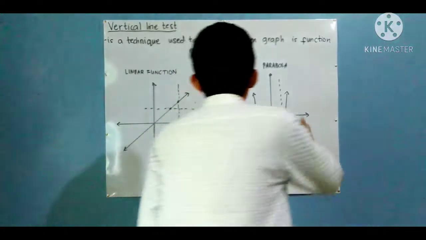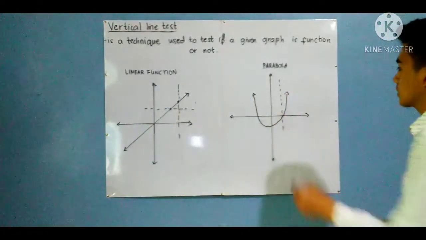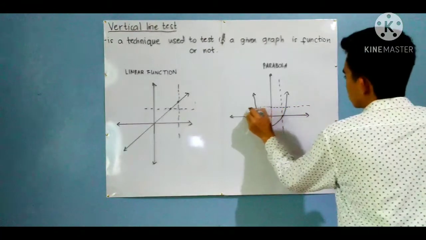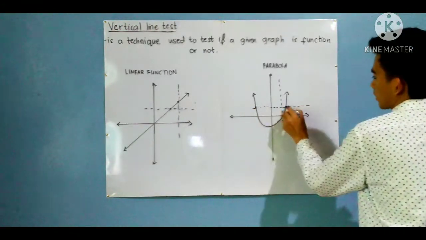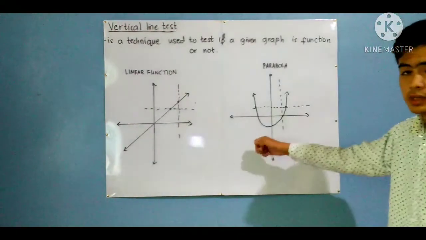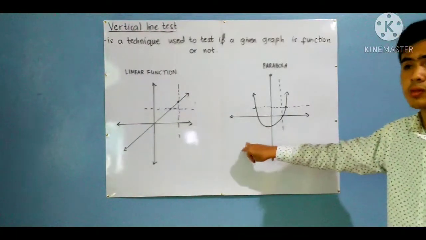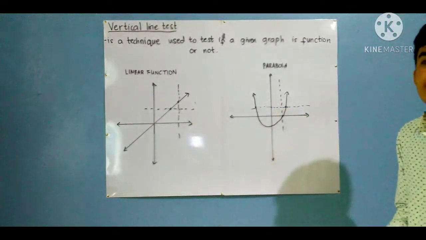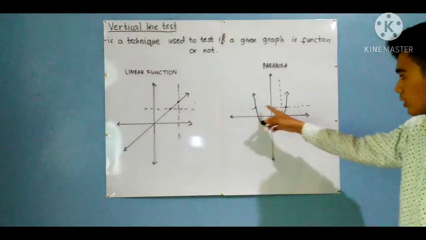So dito naman sa parabola is pag mag-draw tayo ng horizontal line test is dalawa yung dadaanan niya na point, which is not one-to-one function. It is a function but not one-to-one function because dalawa yung dinaanan niya na point.